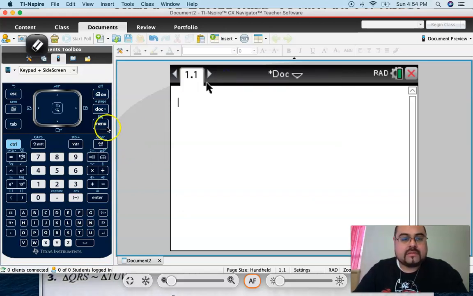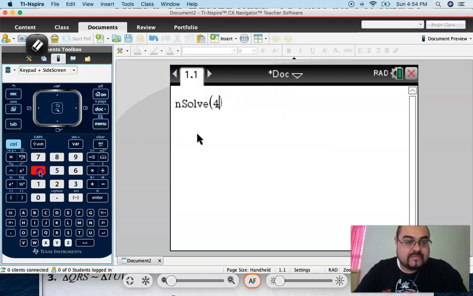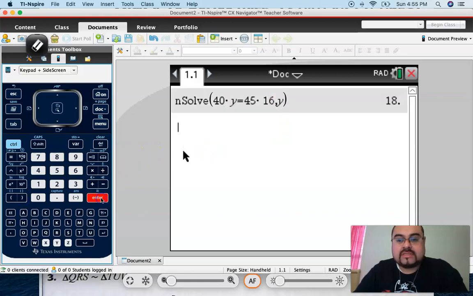Menu, algebra, numerical solve, 40y equal to 45 times 16. And then, of course, we're using a y instead, so we're not going to do comma x. If you do comma x by accident, you're going to get an error. Make sure you do comma y in this case. Whatever variable you're looking for, that's the variable you're going to want to put here. Hit enter, and we're going to get that our y is equal to 18.